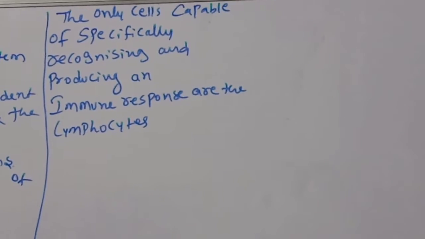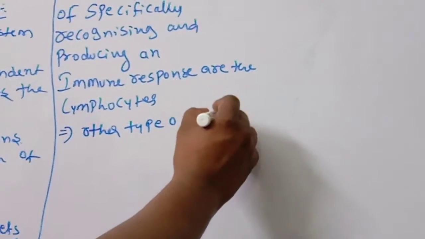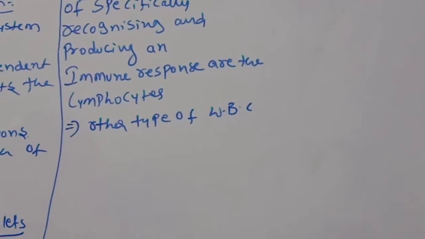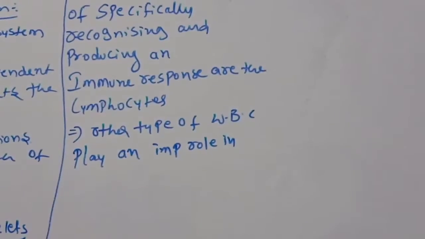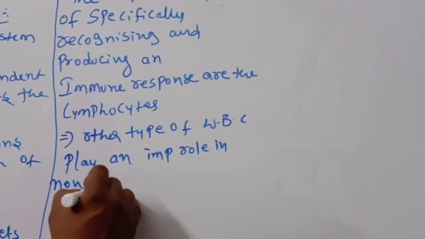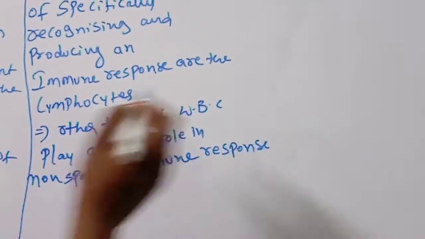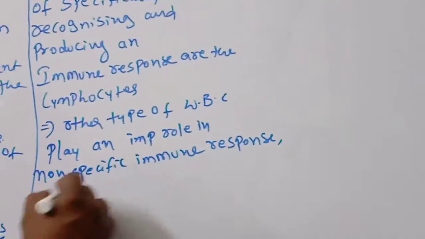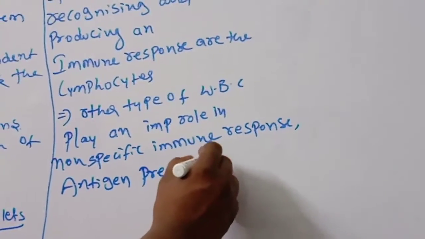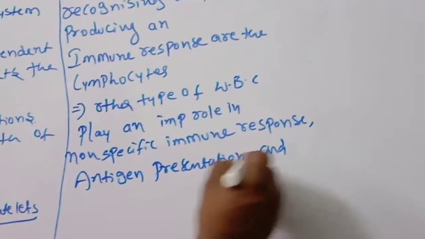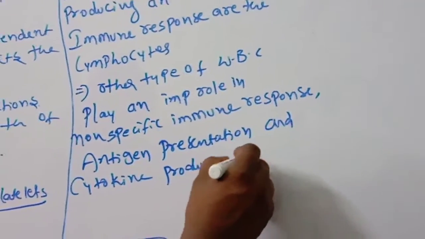Okay, children. Next one, the other types of white blood cells, WBC, play an important role in non-specific immune response, not a particular specificity, and antigen presentation and cytokine production.